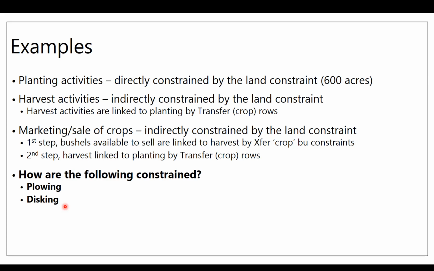Plowing and disking. Well, plowing and disking are cost activities, right? They generate nothing. They just generate costs for us. So we would avoid them if we could. But they are indirectly constrained by, well, one, you'll never do them more than the amount of land, but they're indirectly constrained by the requirement that land has to be prepared.